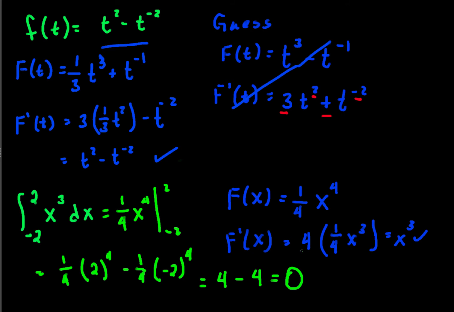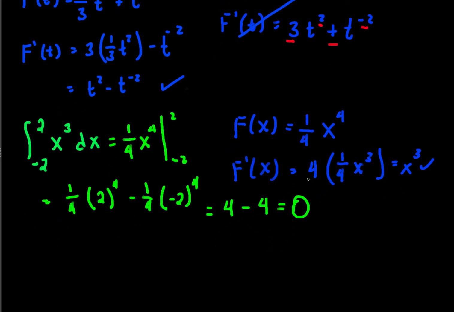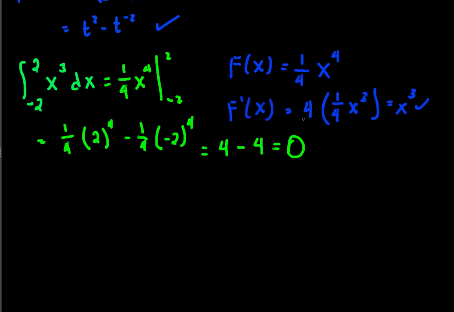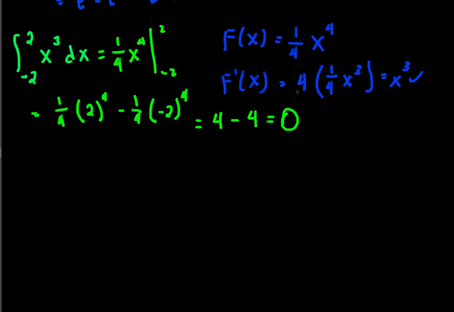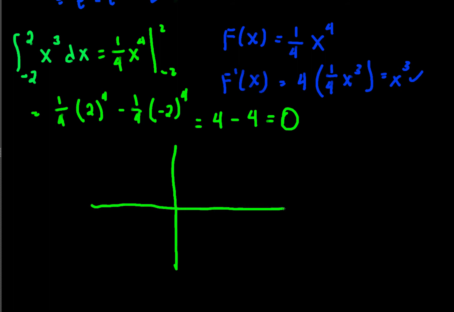Now, many students who first start playing with integrals say, wait, how can the area under the curve be 0? But let's take a look at the graph of x cubed in this domain. So we're going from negative 2 to positive 2, and the graph of the function looks something like this, and it's very symmetric about the origin.